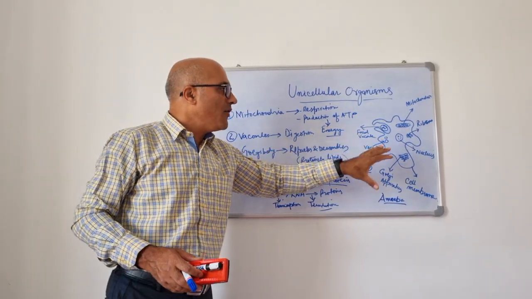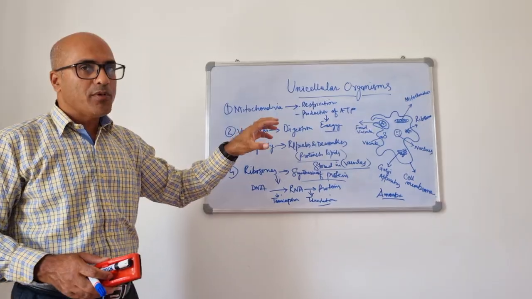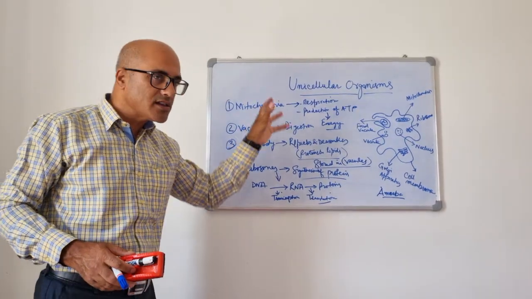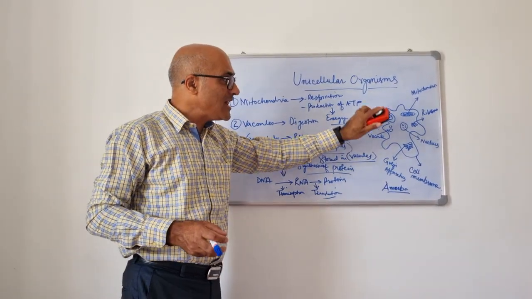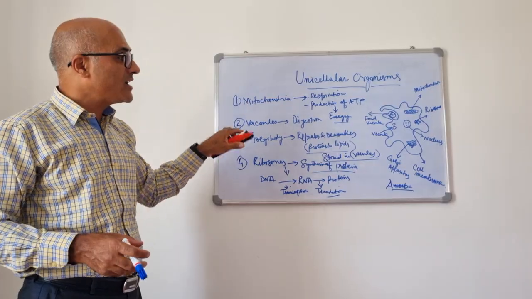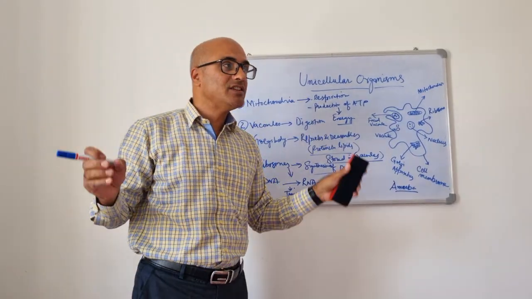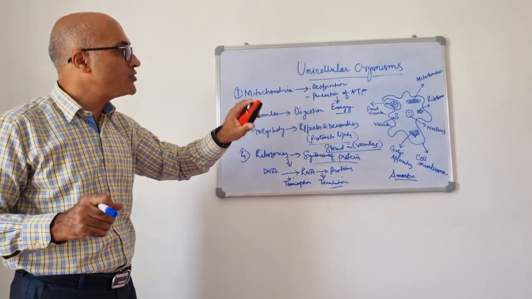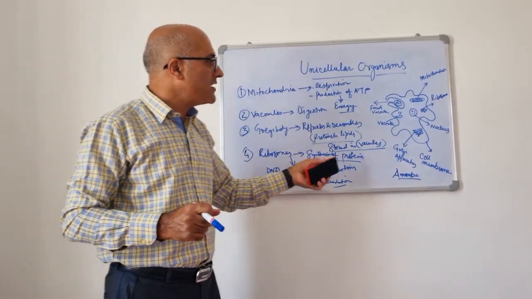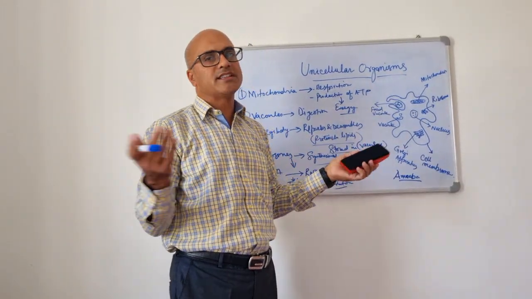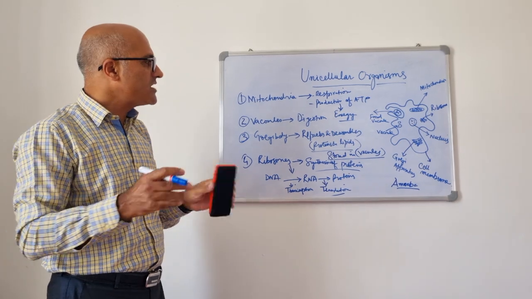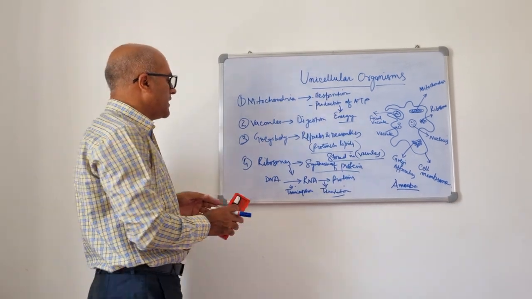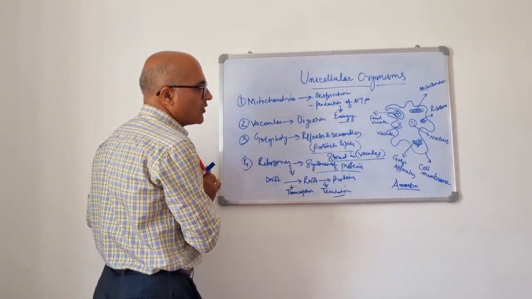So different organelles in the cell perform different functions for the cell. This is a single cell, and these organelles perform different life activities or biological activities for this particular cell in order to keep it alive. Once this single cell dies, the whole organism dies, because there is no other cell involved in this. I hope you have noted this down.